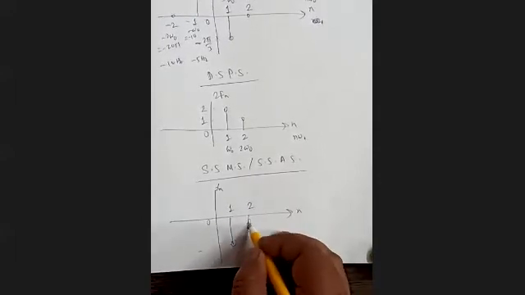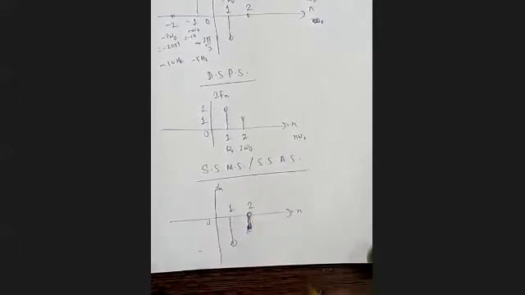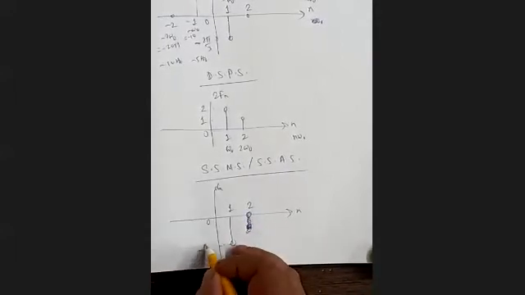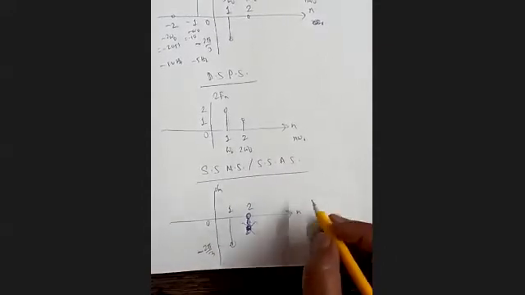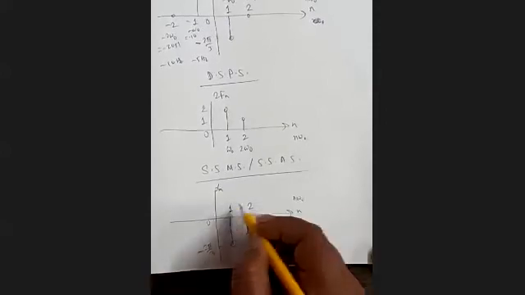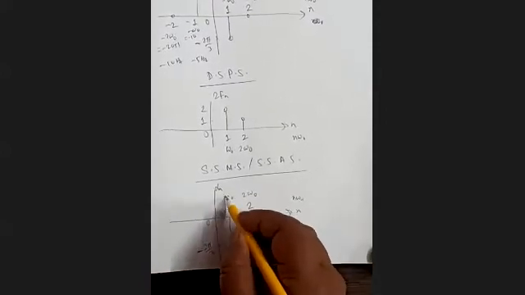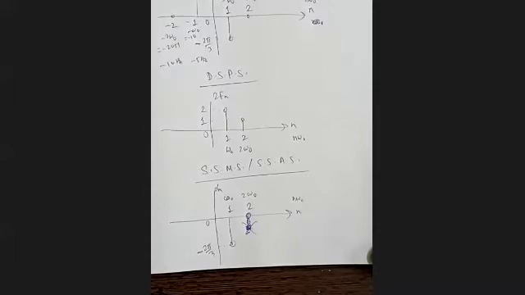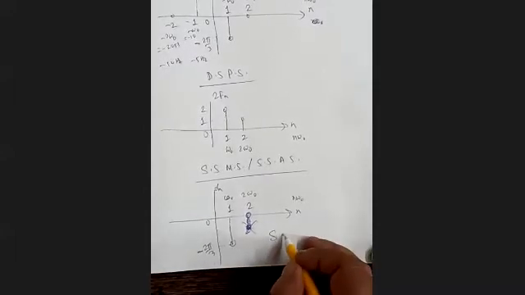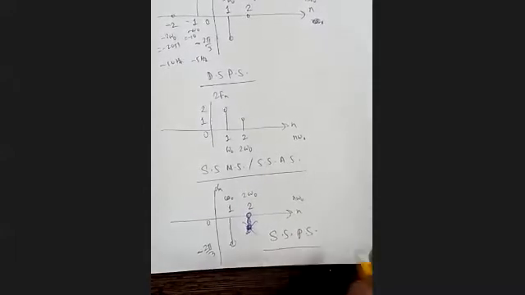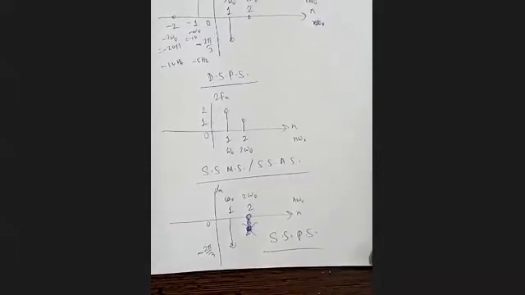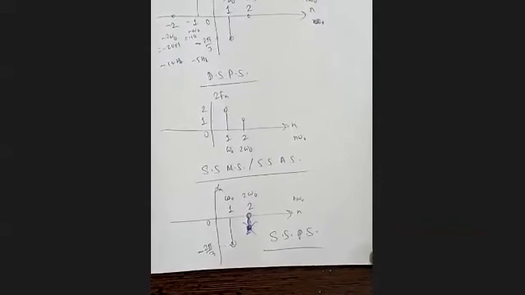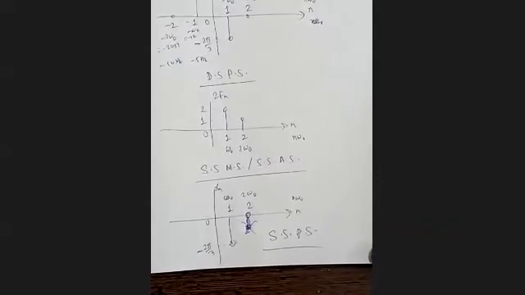Minus 2 pi by 3 is 0. So negative part is removed. So single-sided phase spectrum. So that's how the concept of double-sided and single-sided spectra is coming.